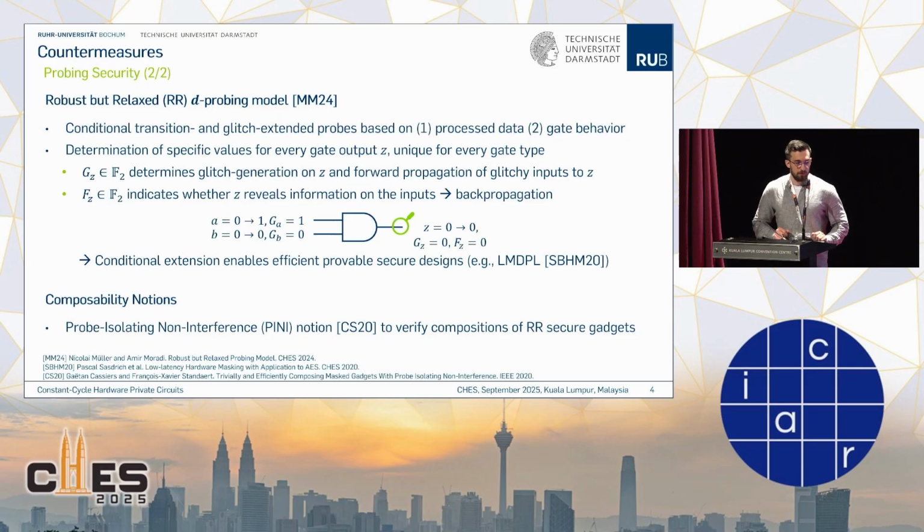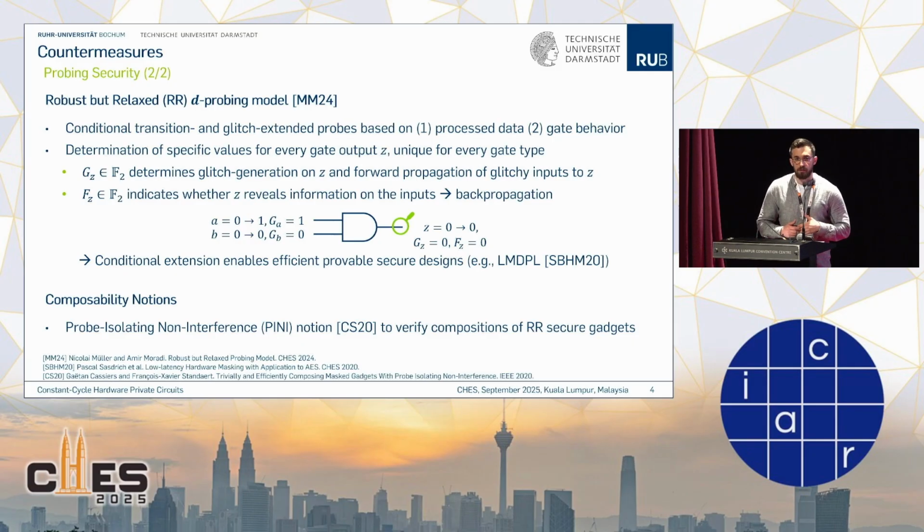Now, because B is tied to 0 and is glitch-free, the propagation of A is going to be stopped at the gate, which means that Z is going to remain 0 as well. And the glitch is eliminated, meaning that the conditional value is 0, and this model stops the backpropagation at this point. And what this allows us to do is that we can evaluate different schemes that would otherwise be insecure in the robust probing model.